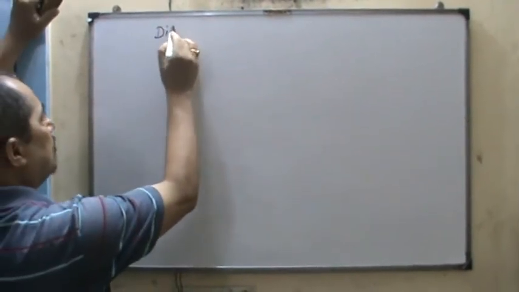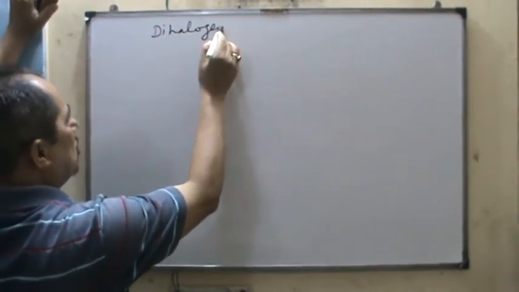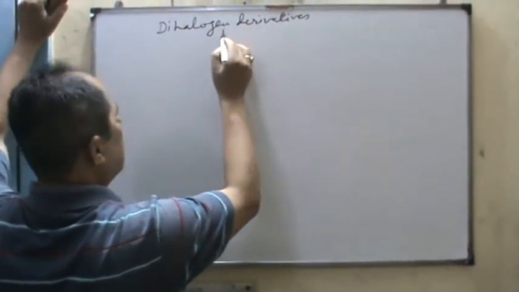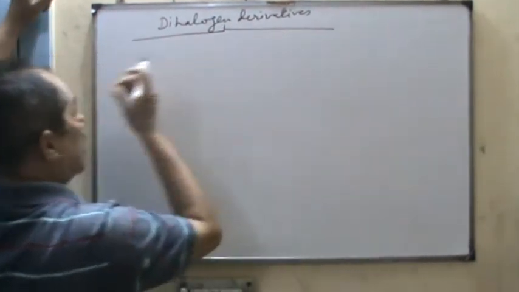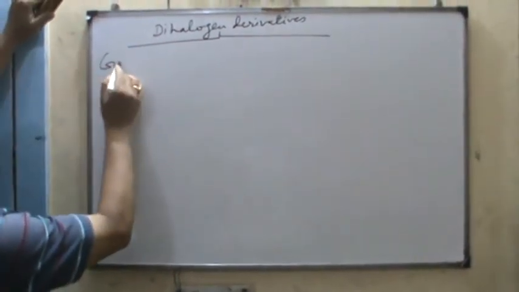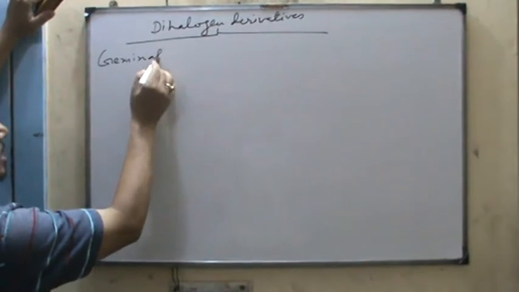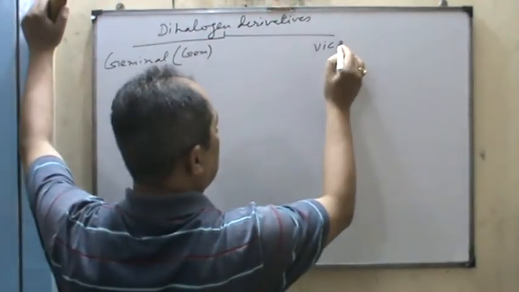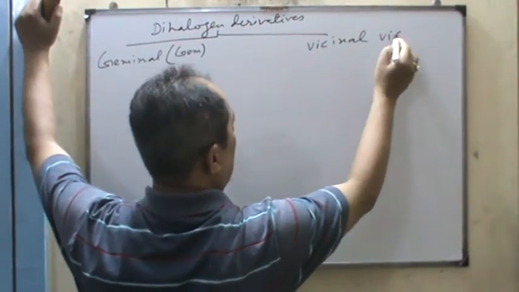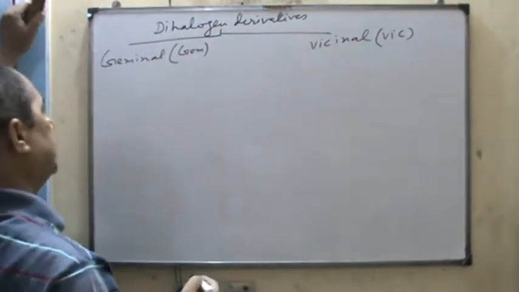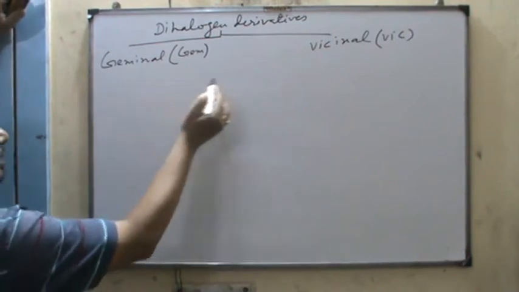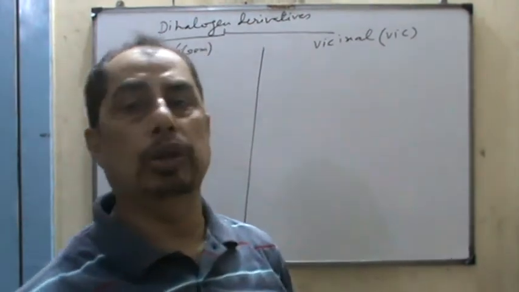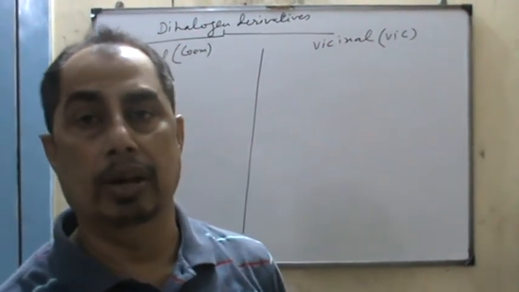Now classification for dihalogen derivatives. That is, dihalogen means 2 types of the compounds. One is the geminal, it is known as gem, and other is the vicinal or vic dihalides. So if the same carbon contains 2 similar halogens, then it is called geminal or gem.